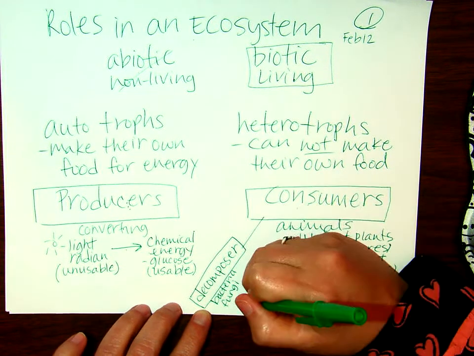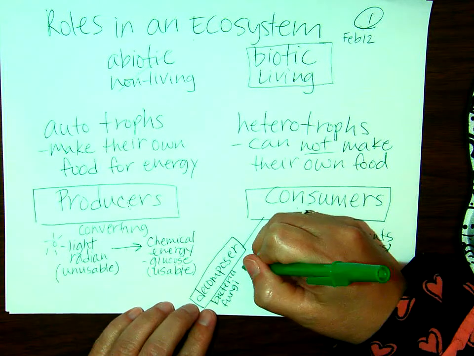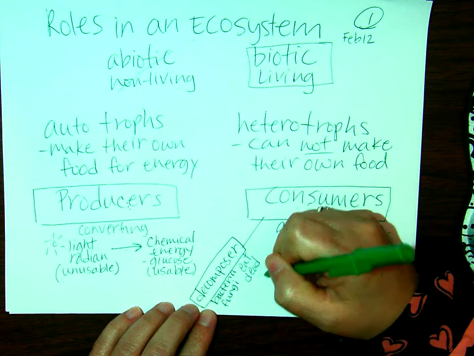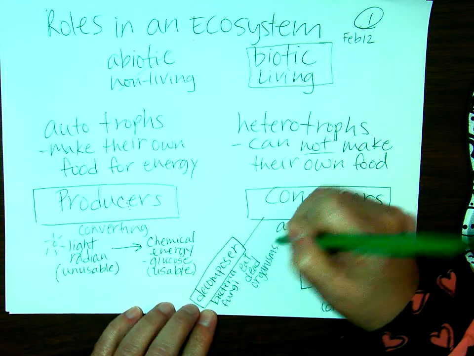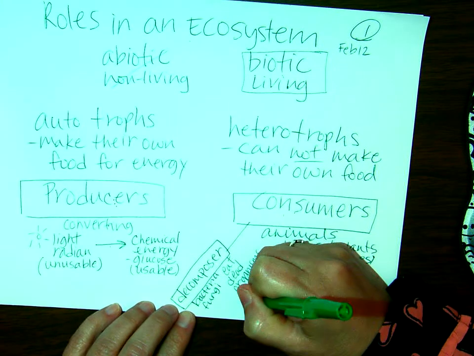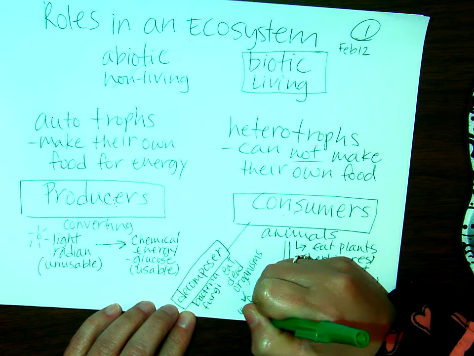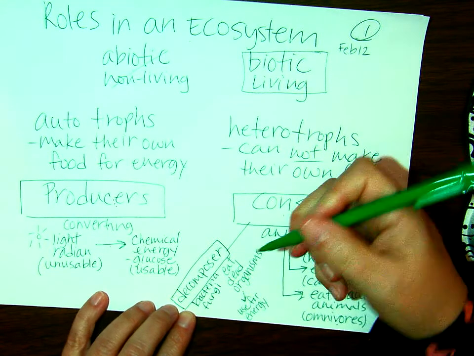So they eat dead organisms, dead plants and animals, and they use some of it for energy, so they can live and reproduce and do all that.